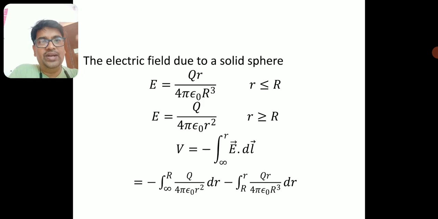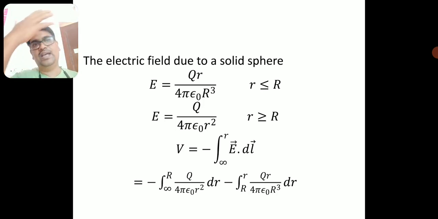I am substituting E as q by 4 pi epsilon naught r square. So minus integral from infinity to r. This time I am splitting the integral: from infinity to capital R and from capital R to small r.